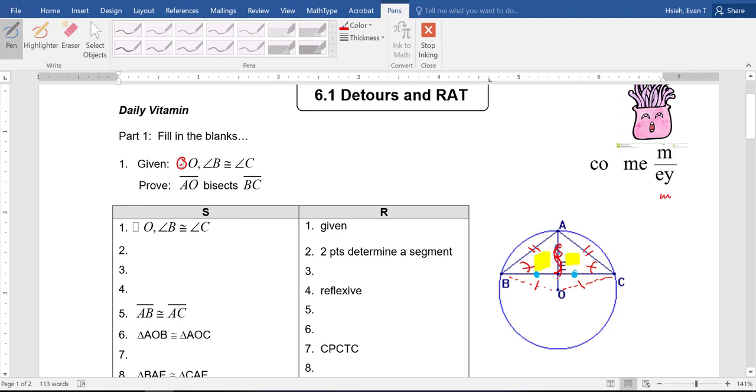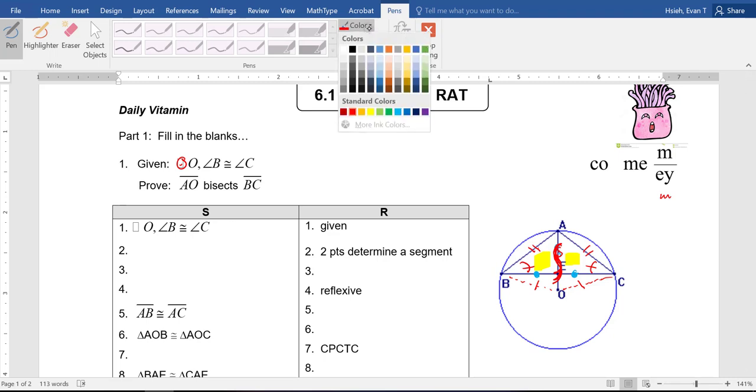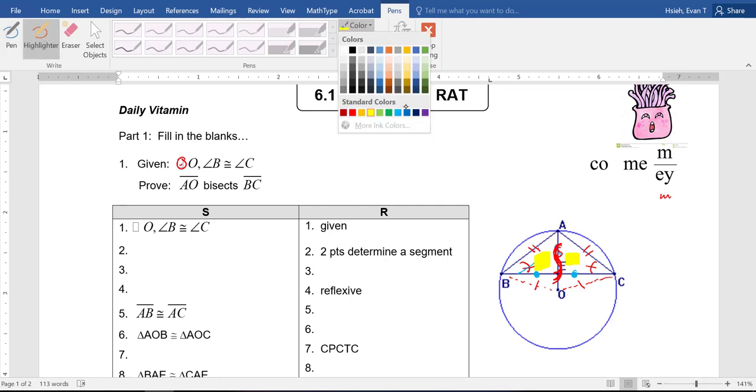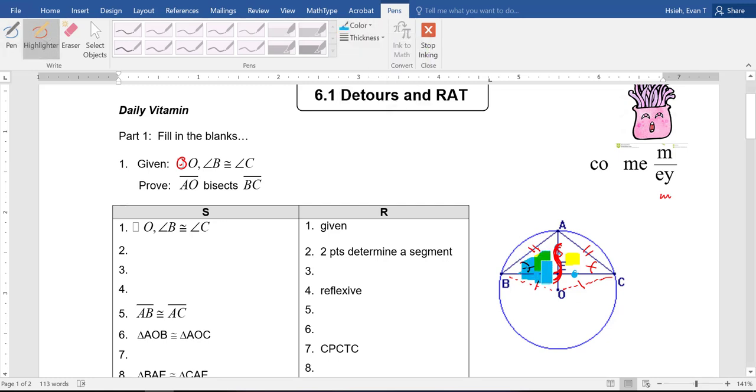And so by SSS, I know that these big triangles are congruent to each other. And then by CPCTC, I can get these two angles up here congruent to each other. And then I can finish the proof by proving the original set of triangles that I wanted to prove congruent.